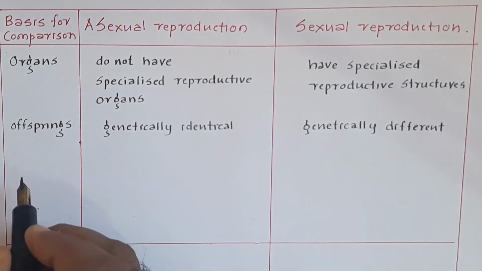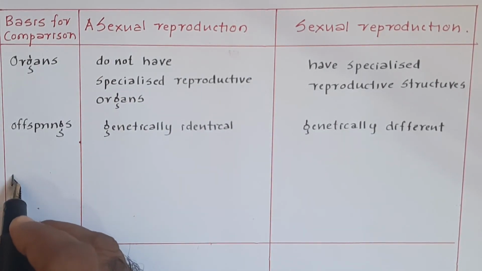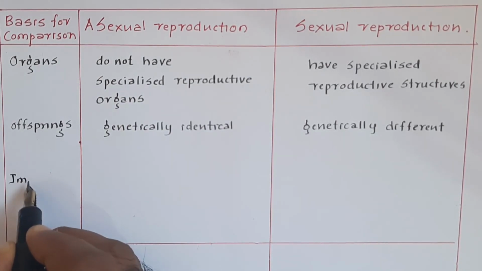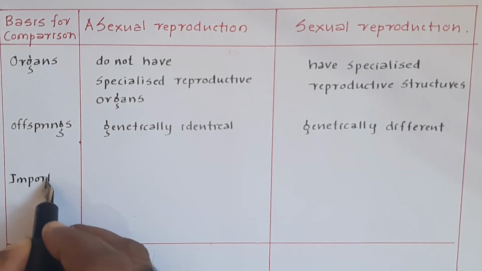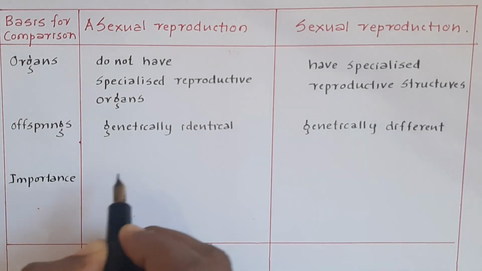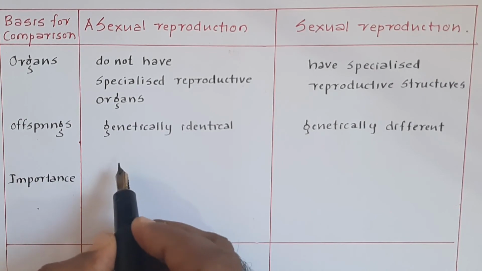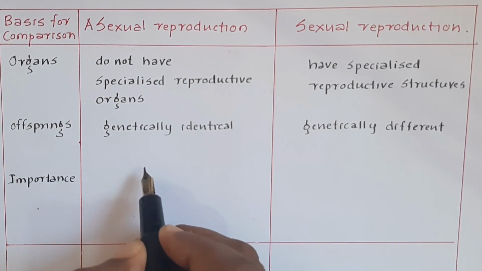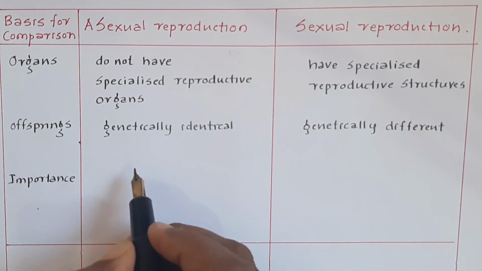Then next one is about importance. It's very important one. Asexual reproduction is important as it allows the continuity of genetic information.